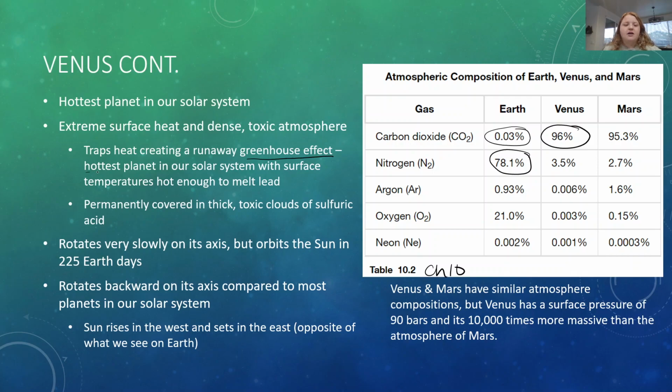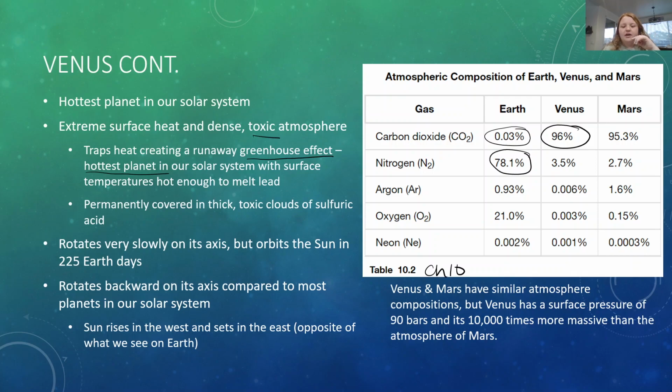And so it's the hottest planet in our solar system, with surface temperatures hot enough to melt lead. Okay, so very, very hot. It is permanently covered in thick, toxic clouds of sulfuric acid. So it is very toxic, like I said.